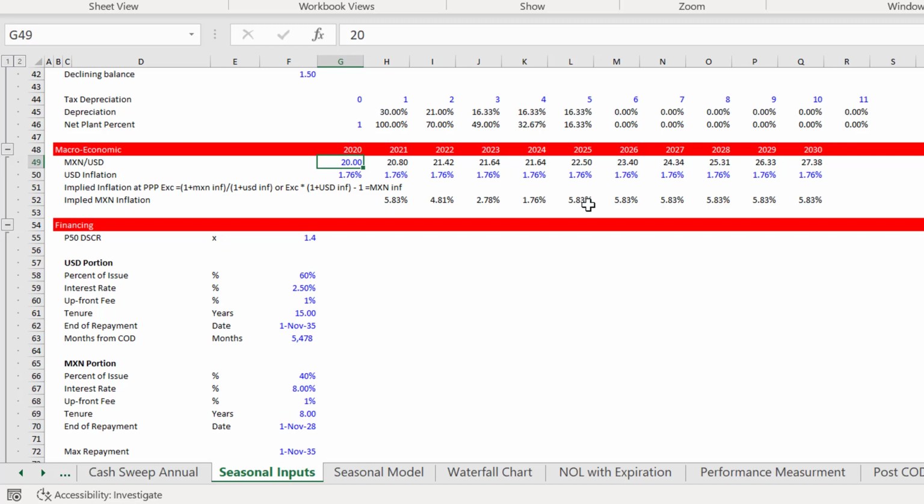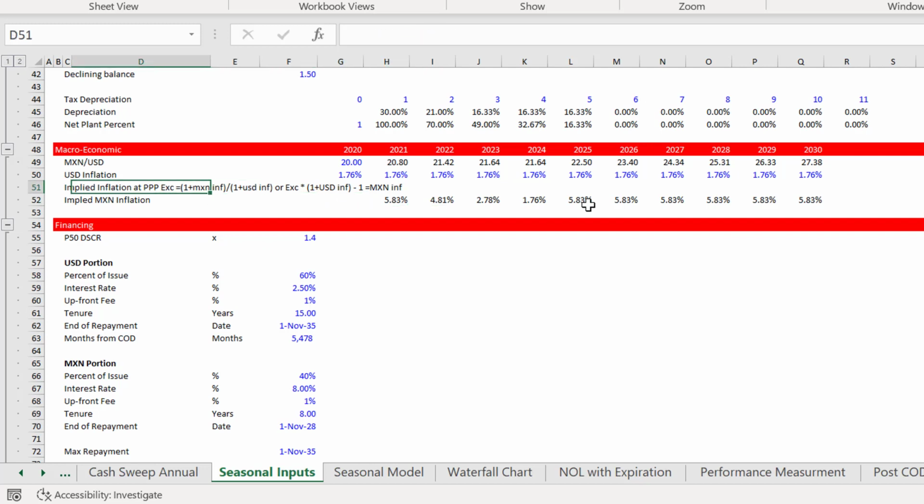Now, if you don't have the exchange rates and you use a PPP, you could apply the same idea. You could do this translation adjustment and all that. And then I put the USD inflation, and then I used a little formula to back into the implied peso inflation with the forward exchange rates and the USD. You can take this formula.